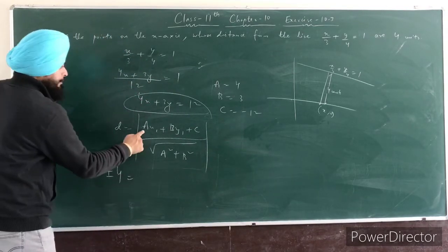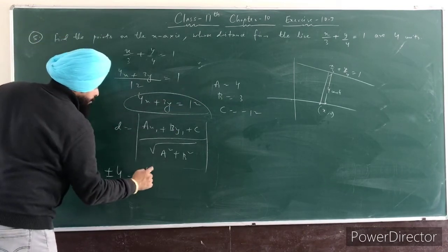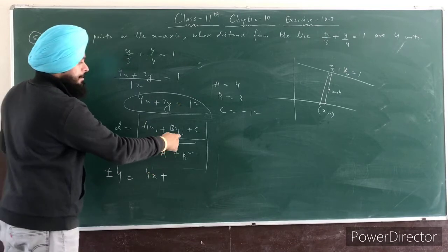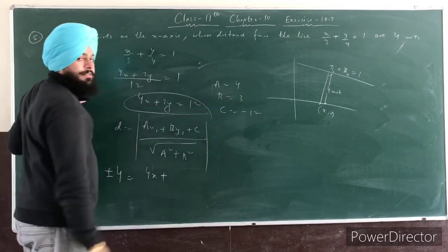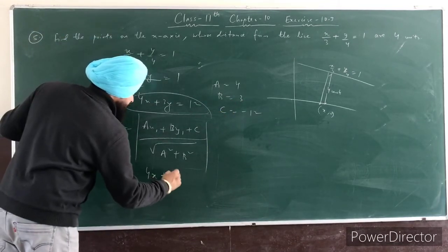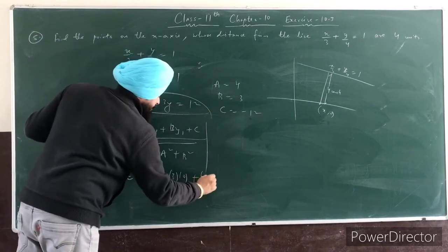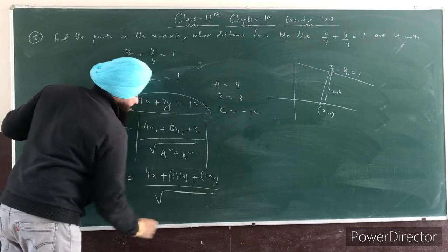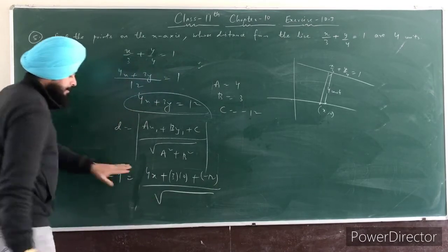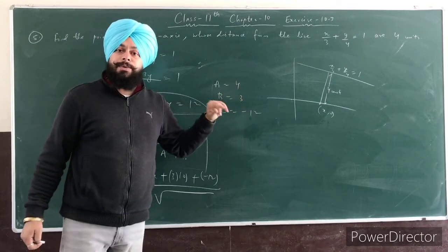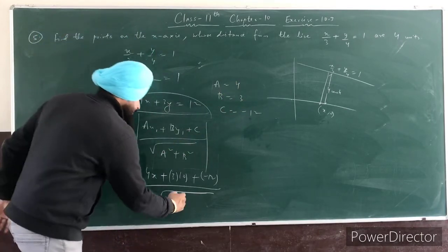The value of a is 4 into x1, the value of x1 is x, plus b y1, the value of b is 3 and y1 is 0. So 3 multiplied by 0 is 0, plus c, the value of c is -12, divided by √(a² + b²). 4 squared is 16, 3 squared is 9, 16 plus 9 is 25 and root 25 is 5.